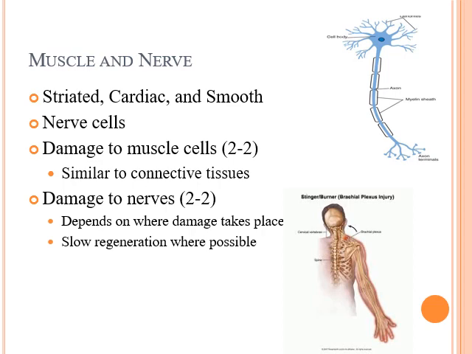So if you have damage to a nerve in the peripheral nervous system, you'll get regeneration of about 1/4 of an inch a month. So it does take a really long time. Down here in this picture, I'm just showing you a brachial plexus injury.